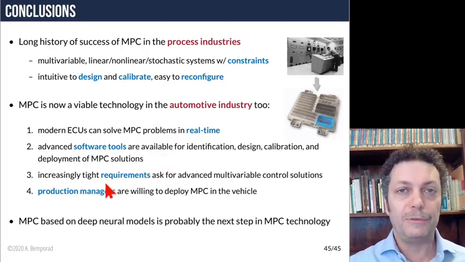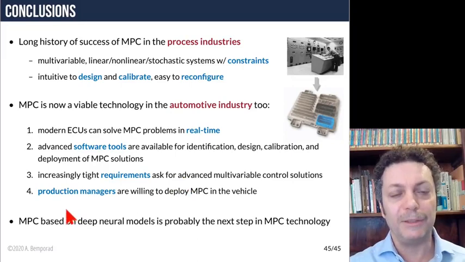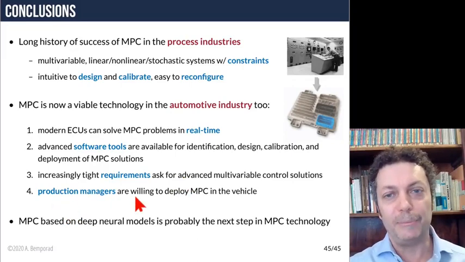There is the push from the market to develop high-performance controllers in a short amount of time, so that makes MPC one of the technologies that can achieve that. And last but not least, production managers are now willing to deploy MPC controllers in the vehicle.